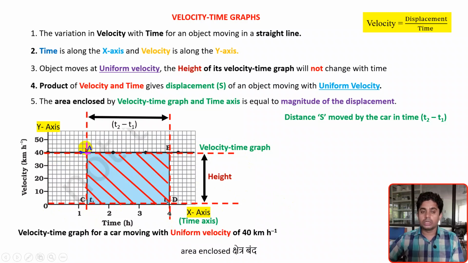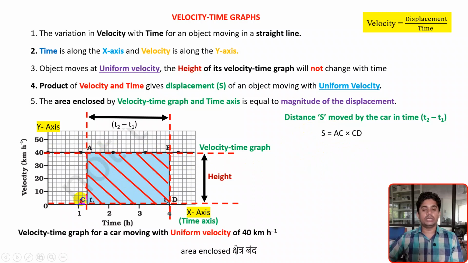We want to know how much distance the car traveled in time t2 minus t1, that is, during the journey from A to B. That distance, or displacement, is nothing but the area under the line AB. So I need to calculate the area of the rectangle ABCD. How can I calculate it?